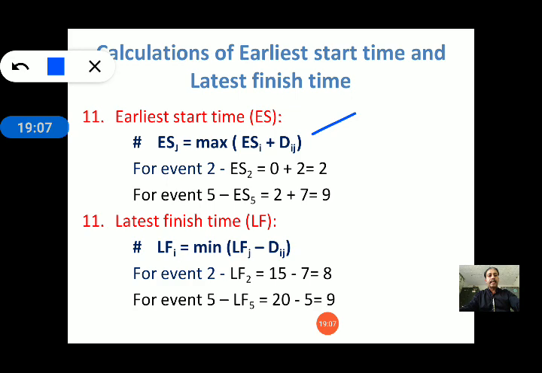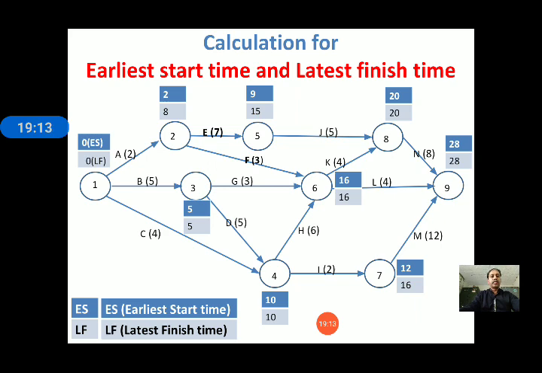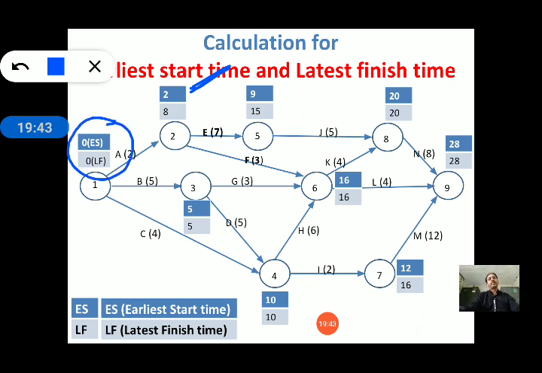So consider event number 2. Suppose we have to find its earliest start time. For this activity, this is the head event and this is the tail event. In every network diagram, the starting node has the value zero for ES and LF.